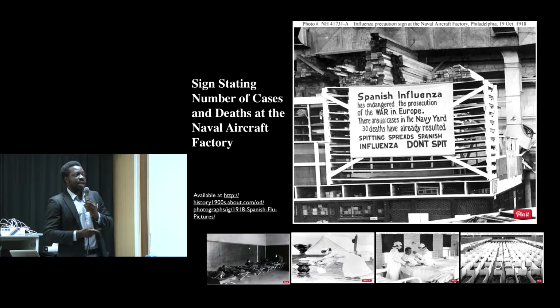And here is a sign showing the number of cases and death at the Naval Craft Factory. They're also saying don't spit, because at that time it was believed that spitting was one of the ways that the influenza was transmitted. So that's why they were urging people not to spit.